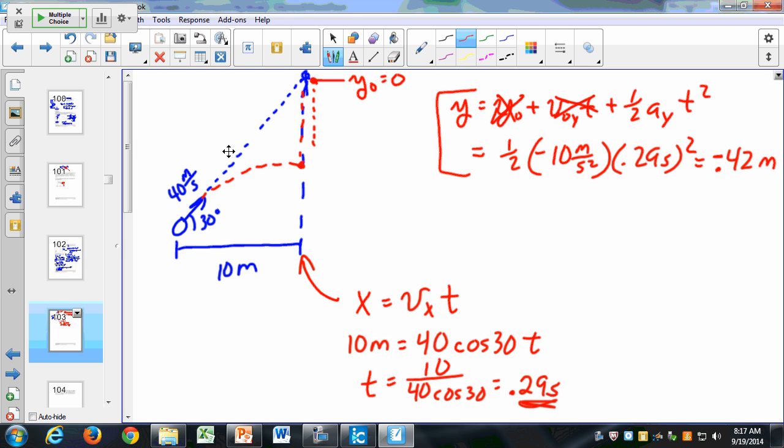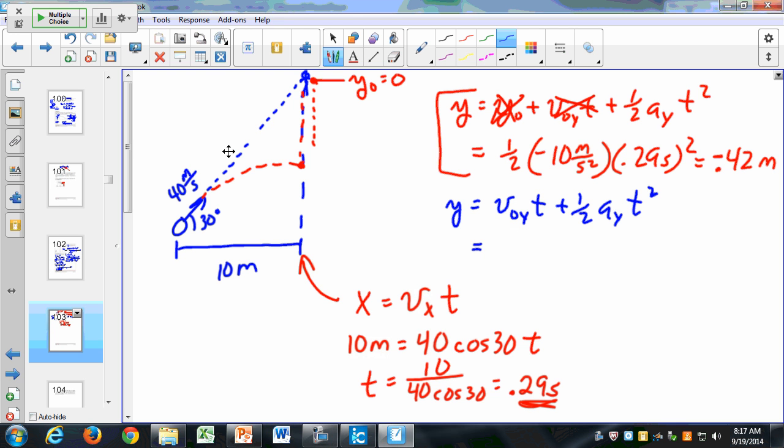So I just want to verify that that actually is the position of the projectile. And so I can say the same, but now for the water balloon, v naught y t plus 1/2 a y t squared.